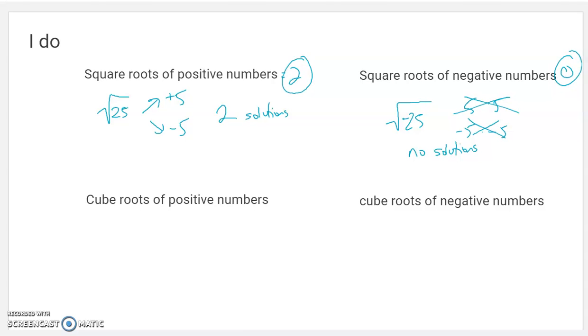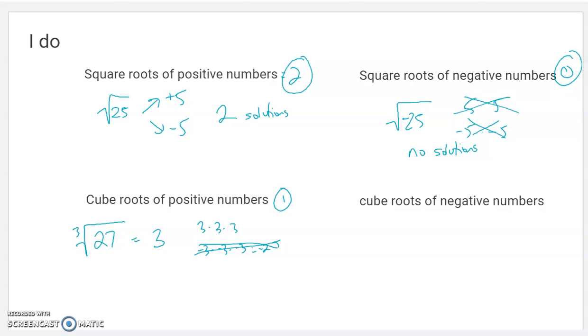Cube roots of positive numbers work out okay. A simple one is 27. That's 3 times 3 times 3. The cube root of 27 is 3, because 3 times 3 times 3 is 27. It is not negative 3. There's only one, because negative 3 times negative 3 times negative 3 is actually negative 27.